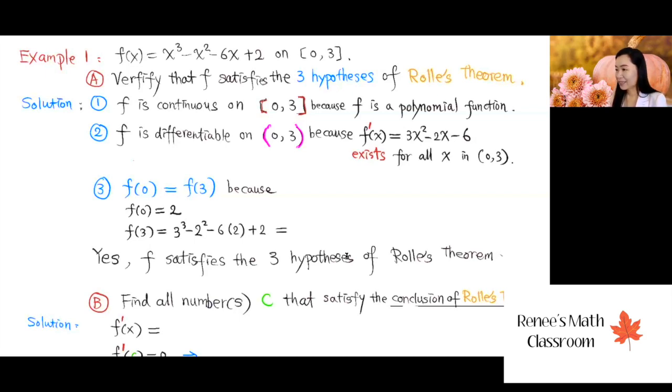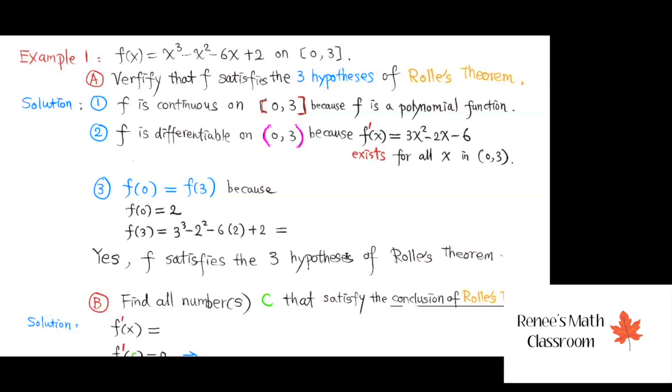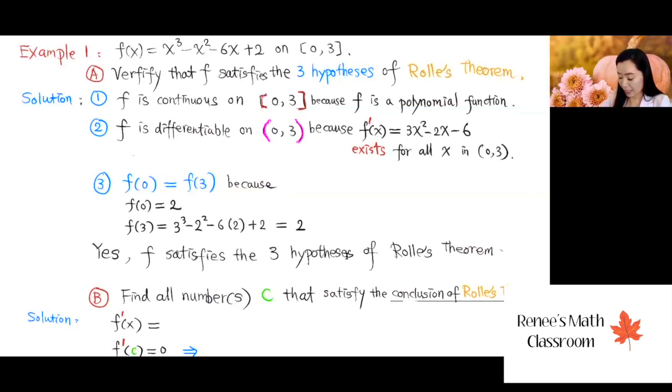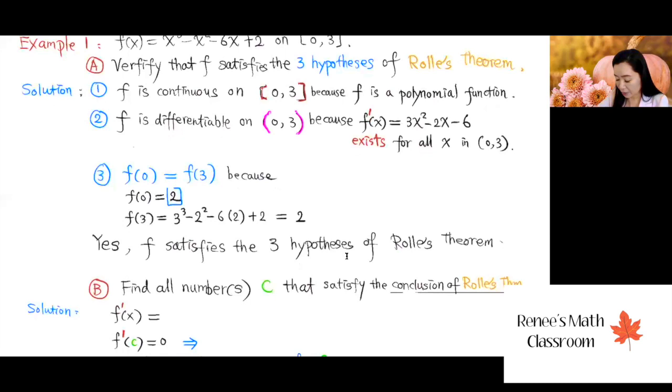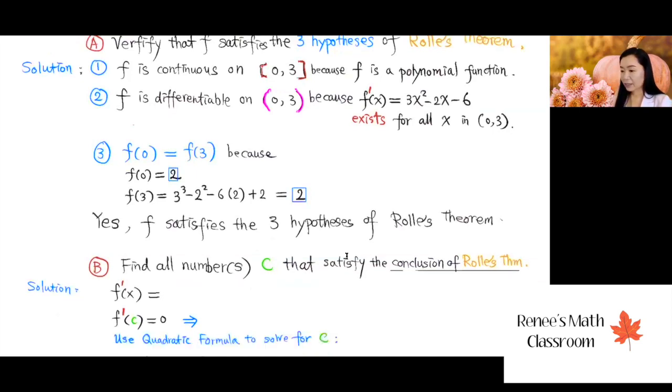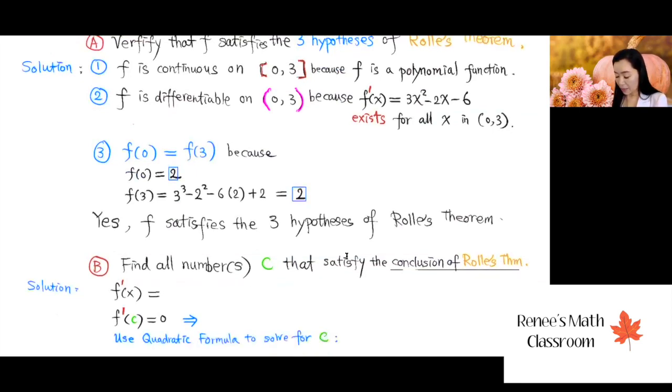Tell me what you get. 2. You get 2, right? So you see that they are equal, right? This is 2, and then this is also 2, right? So they are equal, the same. So the function satisfies the three hypotheses of Rolle's theorem.